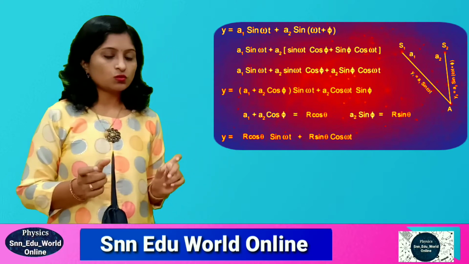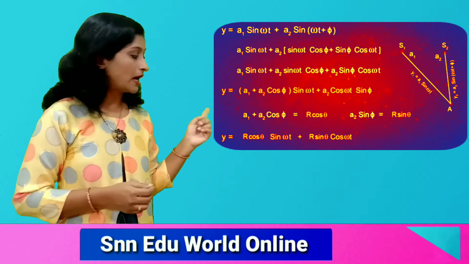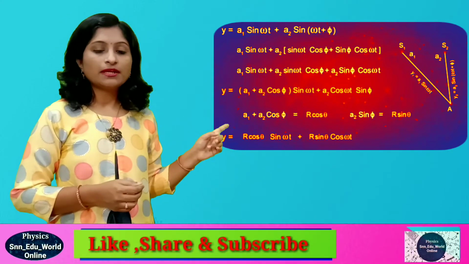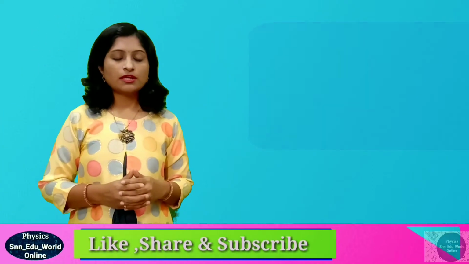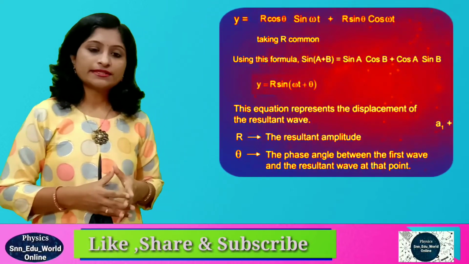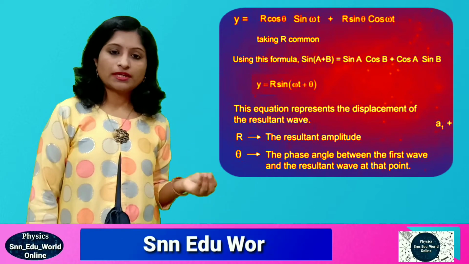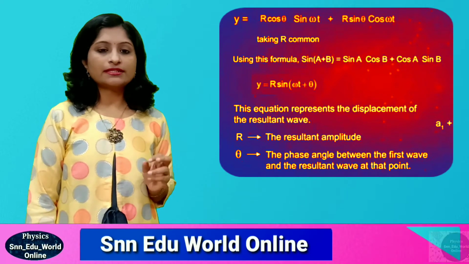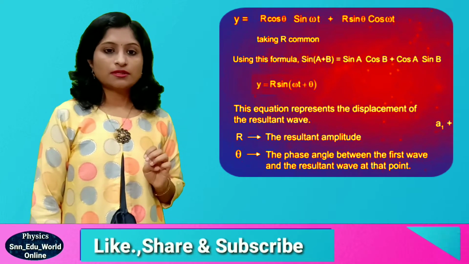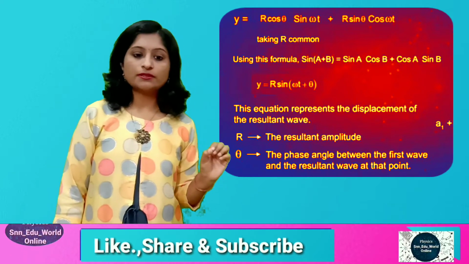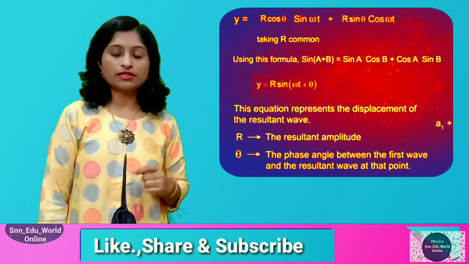Replacing these two terms in the above equation, we get y = R cos theta sin omega t + R sin theta cos omega t. Keeping R common, y = R (sin omega t cos theta + cos omega t sin theta). Again we get the form sin(A + B), so sin(omega t + theta). So y = R sin(omega t + theta) is the resultant equation for this displacement.